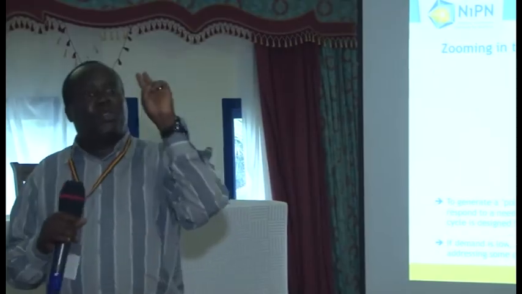But at the same time, what policy gaps or policy areas do you see which we can table as questions that we can present to the NIPN team for them to generate data or analysis that can help us to answer those policy questions or asks? Is that clear to all of us? Hello? Is that clear? Good.